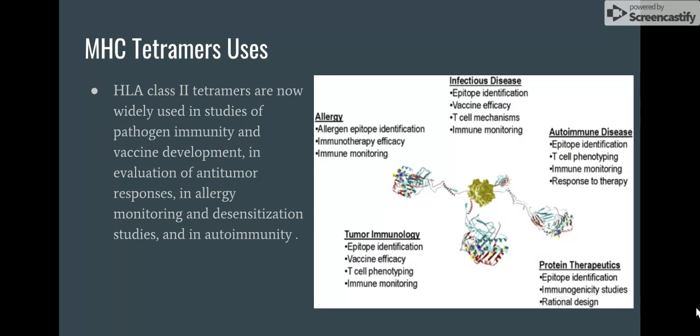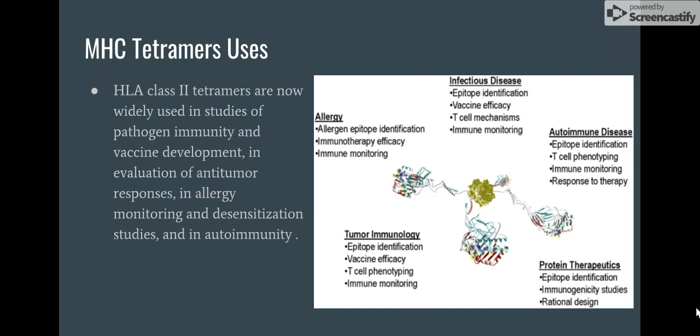Now that we've talked about how tetramers are made, let's talk about how they can be used. HLA class 2 tetramers are now widely used in studies of pathogen immunity and vaccine development, in evaluation of anti-tumor responses, in allergy monitoring and desensitization studies, and in autoimmunity.